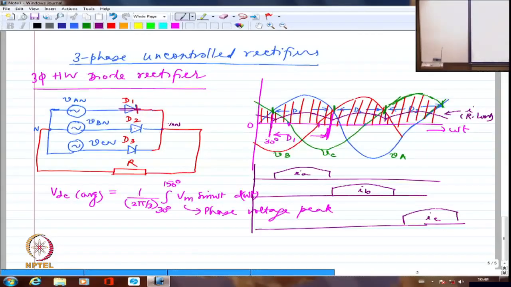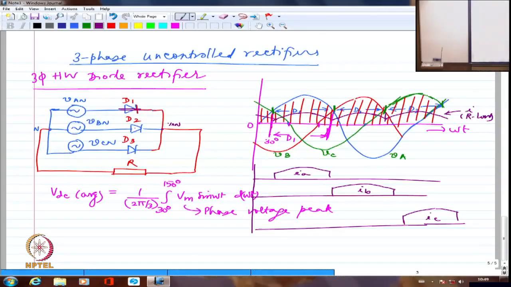Most of our industries will have only 3 phases coming in. You will hardly ever see a neutral. 3 phase will directly come to any industry. If the neutral is not there, you can't use this kind of half wave rectifier. So this kind of half wave rectifier is hardly ever used in any of the industries.